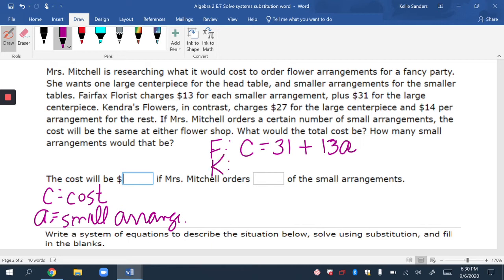At Kendra's, the cost is going to be $27 for the large and $14 for the small. So 31 plus 13A equals 27 plus 14A.